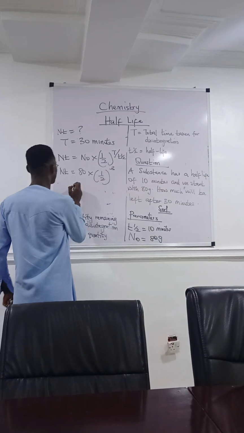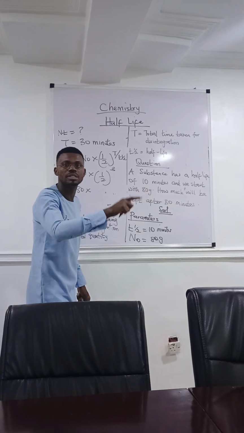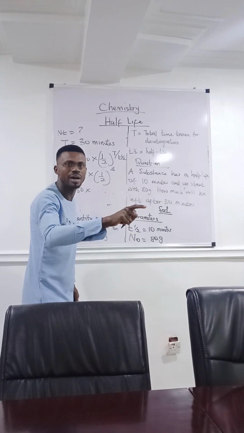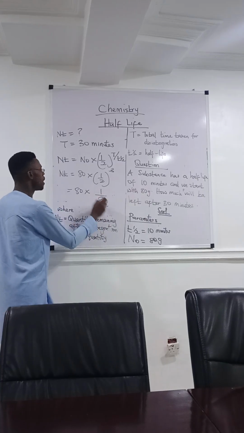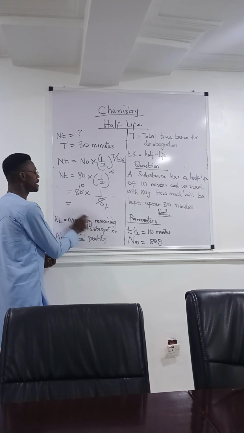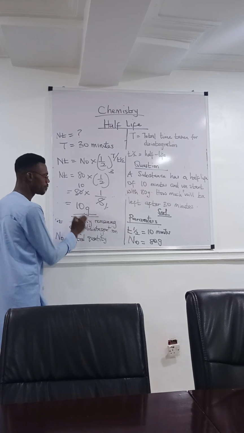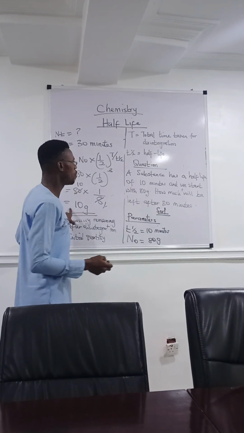So this is 80 times (1/2) raised to power 3, which simply means 1/2 times 1/2 times 1/2. That gives me 1/8. So 80 over 8 gives me 10. So my final answer is 10 grams. It simply means that how much will be left after 30 minutes is 10 grams.